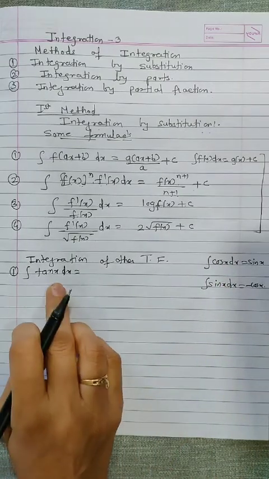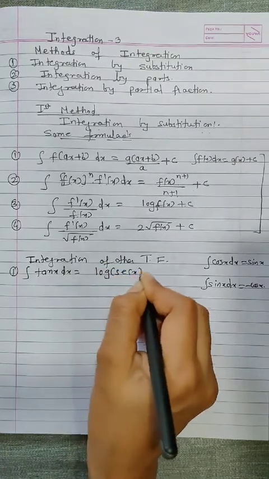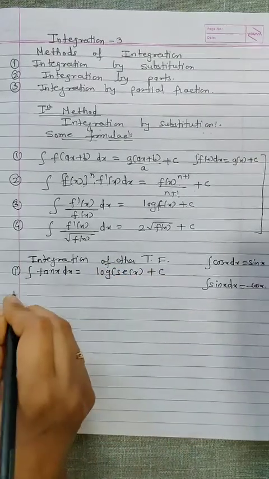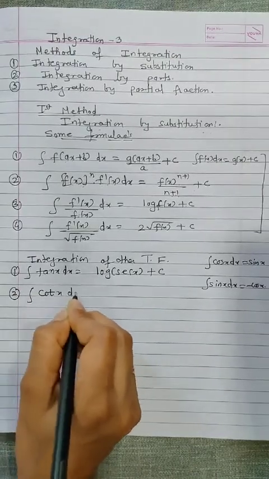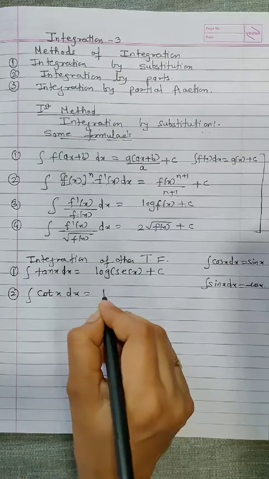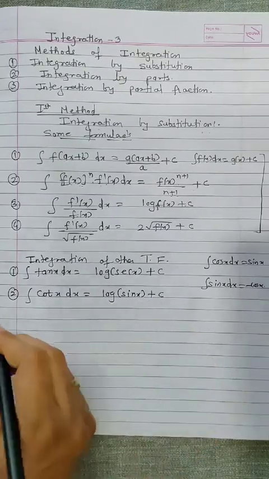So integration tan x dx, it is always equal to log of sec x plus c. Then integration cot x dx, it is always equal to log of sin x plus c.